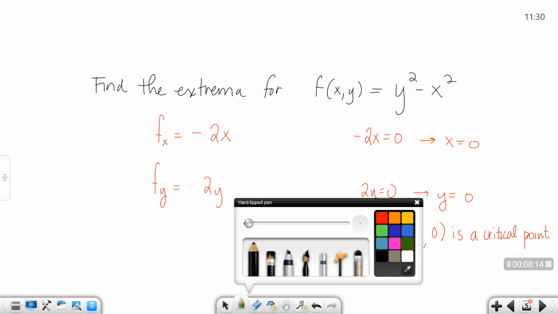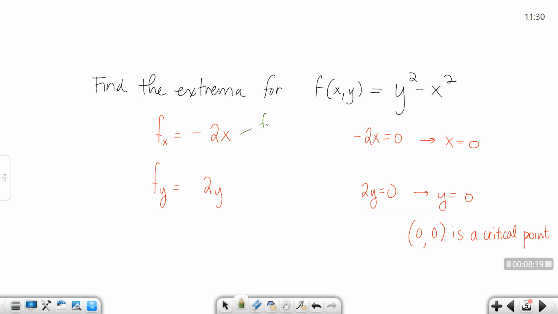Okay, so let's take our partials. Obviously you see I made a mistake in the first one, so let's fix that.